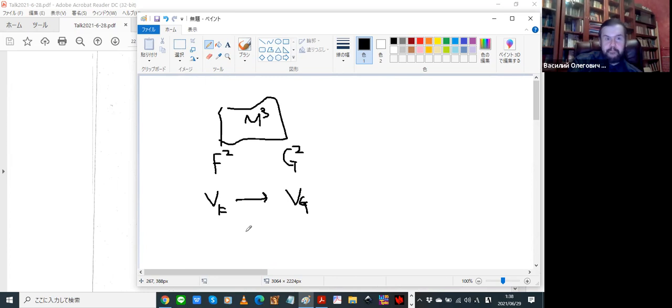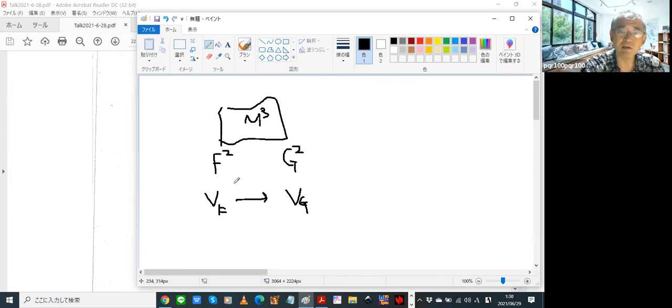So it's a linear map, so there are n cross n many numbers. If we change the meridian and longitude, the value may change. So probably they are related. It's natural to fix meridian and longitude from this viewpoint.